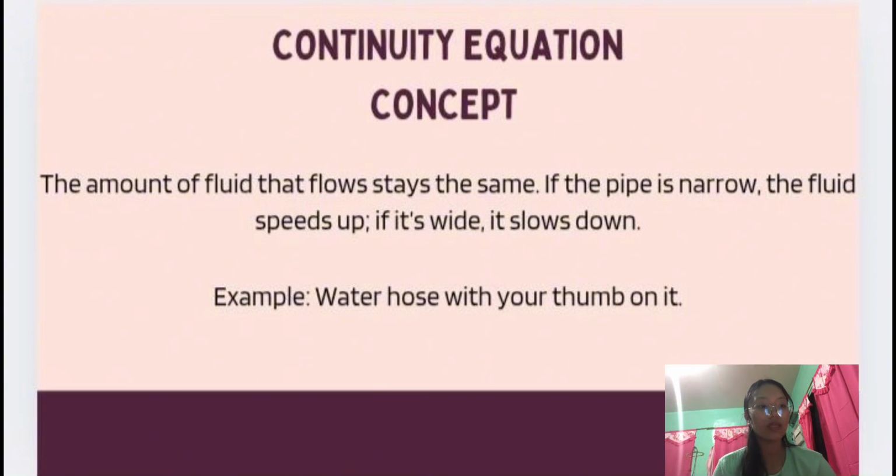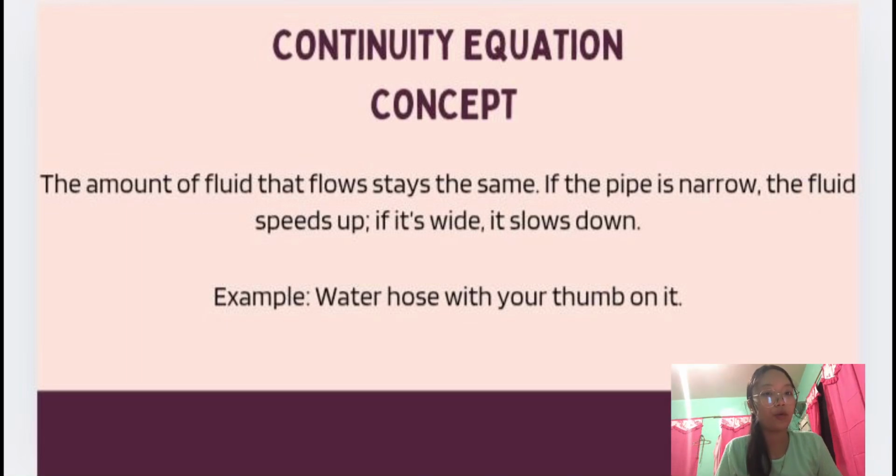So the continuity equation of a fluid says the amount of fluid stays the same, and if the pipe is wide, then the speed of your fluid slows down or decreases, and if the pipe is narrow, then the speed of your fluid increases or speeds up.